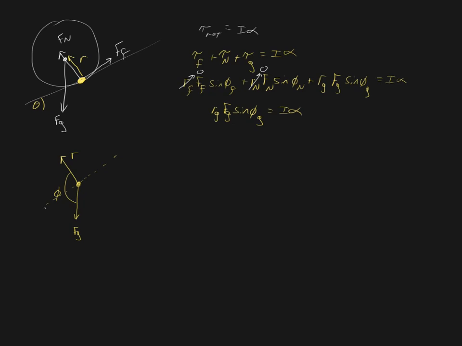So you can go through the geometry of it. If this is our ramp here, you know that this is going to be 90, and you know that this is going to be theta, so this is going to be the complement of theta, and it starts to get a little bit ugly. But what we know is this: the r vector is perpendicular to the ramp.